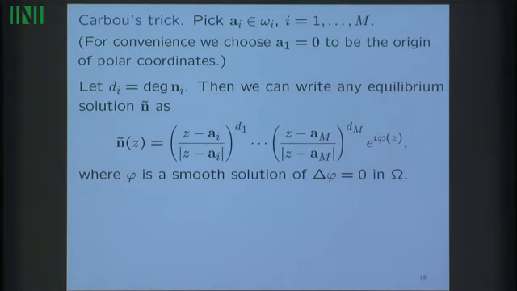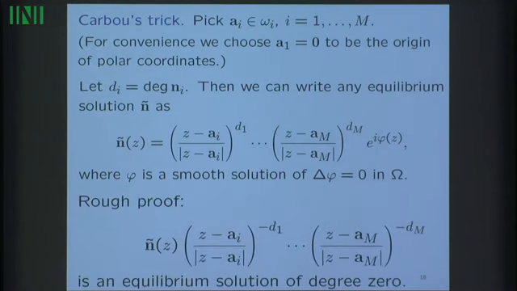In other words, putting these kind of hedgehogs in, with the right degree, somehow unwinds things in such a way that phi is now a smooth harmonic map in the whole exterior region.